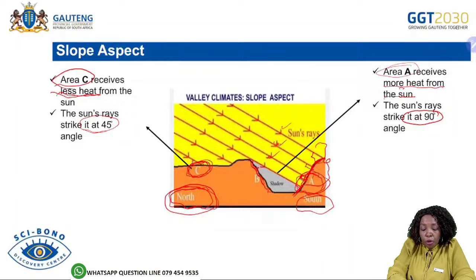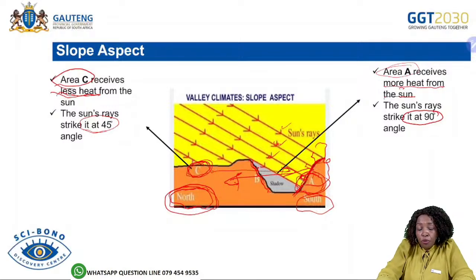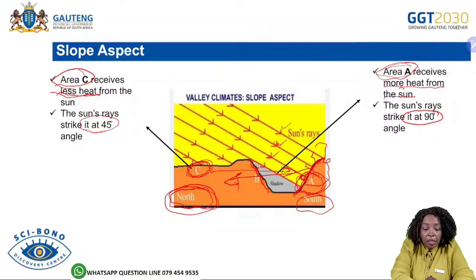So this slope is facing the north, whereas this particular slope or area is facing the south. So take note of the difference of the angle in which the sun's rays have an impact on areas that are facing the north and areas that are facing the south.